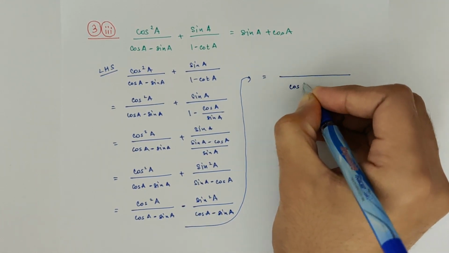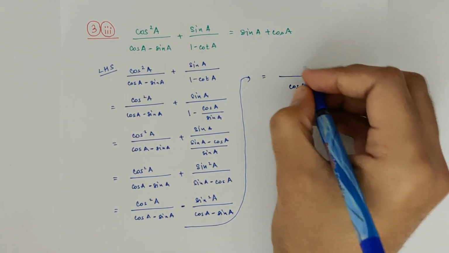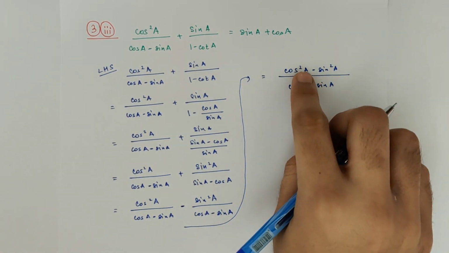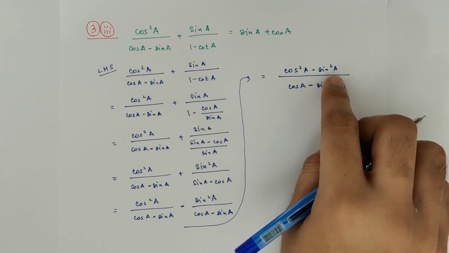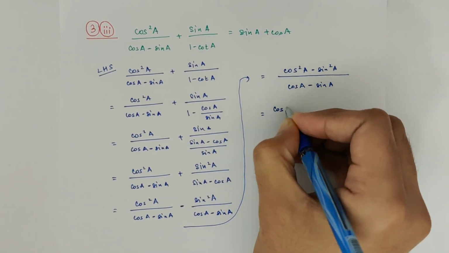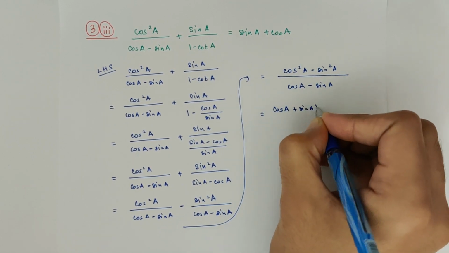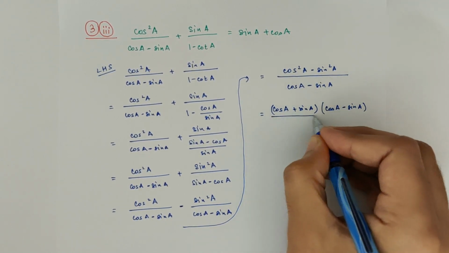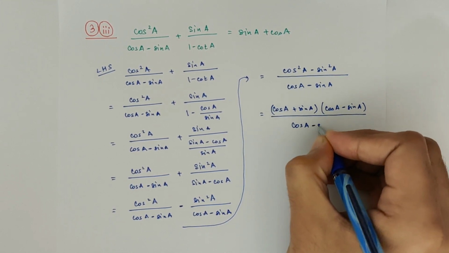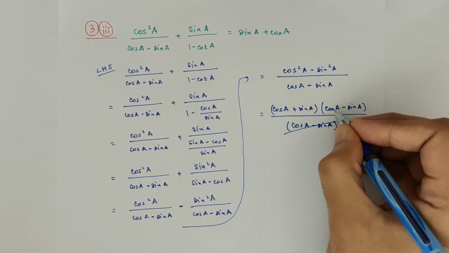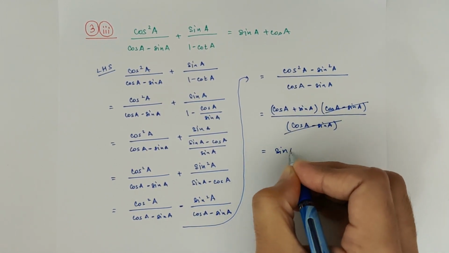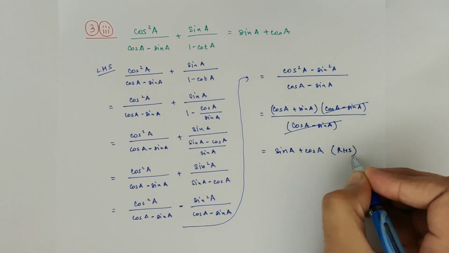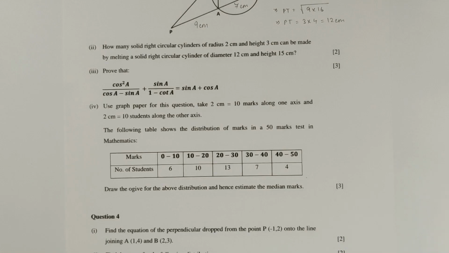We have cos A minus sin A, and the numerator is cos square A minus sin square A. So over here we have A square minus B square, which gives A plus B, A minus B. So cos A plus sin A, that is A plus B, into cos A minus sin A, that is A minus B, divided by cos A minus sin A. This and this get cancelled out and we get sin A plus cos A, which is your right hand side. So RHS proved. Simple.